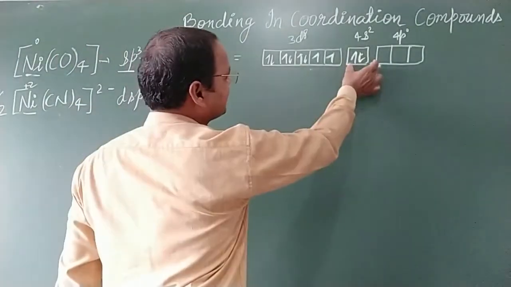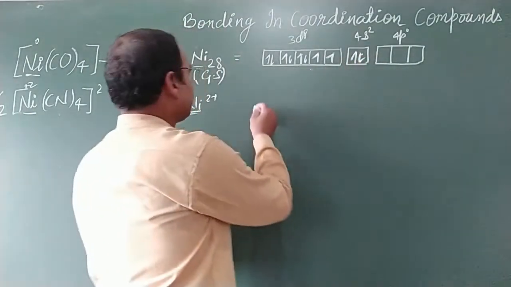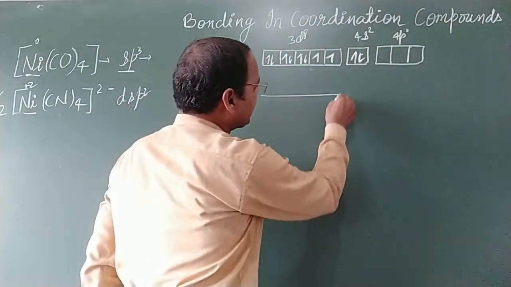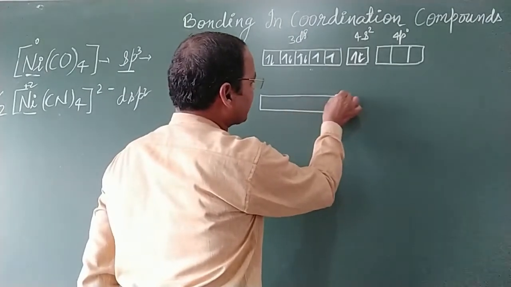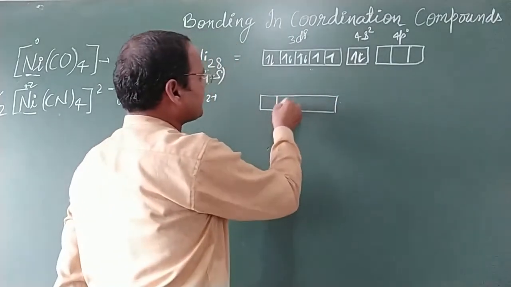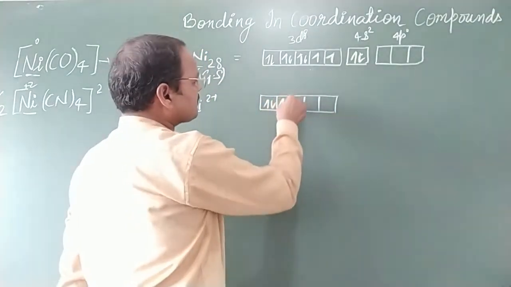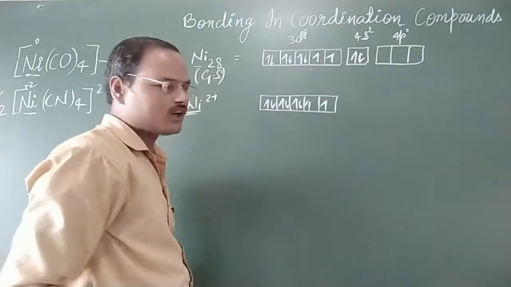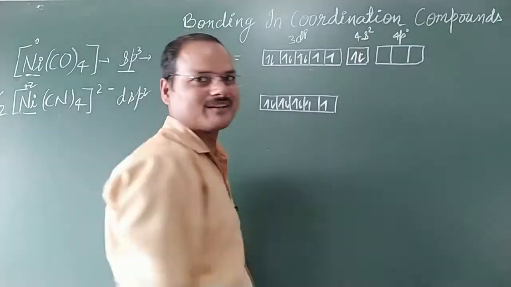Now nickel in the Ni2+ state, in the ionic form, its electronic configuration can be written here. Ni is having 2 positive charge. It means we can write again this electronic configuration. 8 electrons are present in the 3d orbital and 2 electrons from the 4s will be removed.